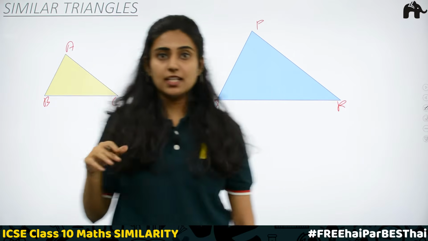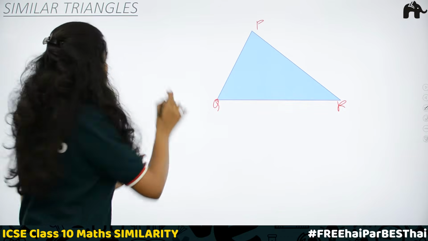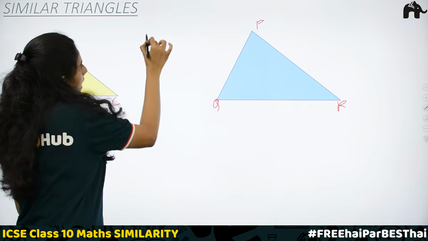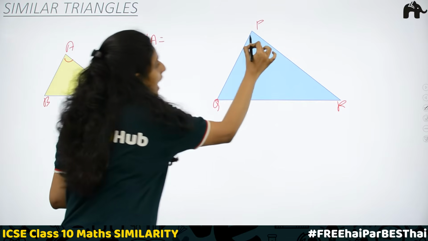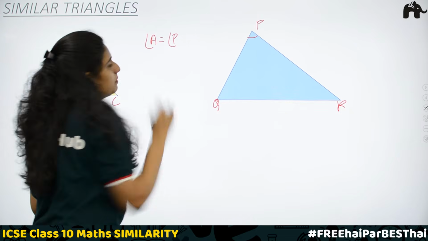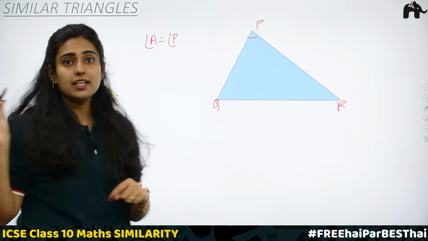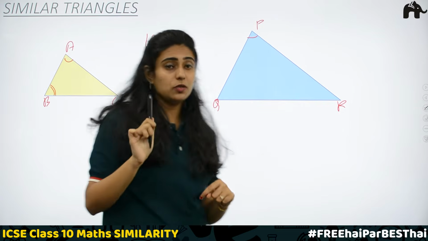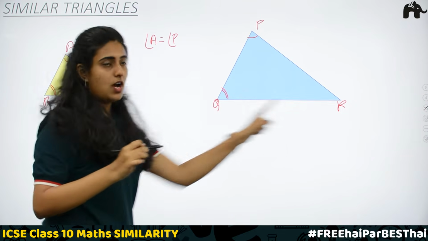Now, there are some criteria on the basis of which we can call them similar figures. Here, the first angle A from triangle ABC should be equal to angle P of triangle PQR. Similarly, angle B of triangle ABC should be equal to angle Q of triangle PQR.